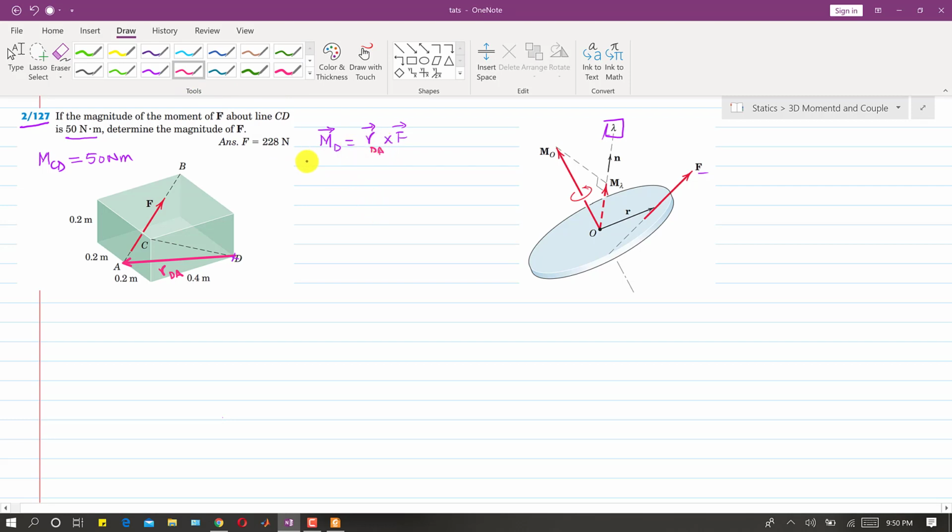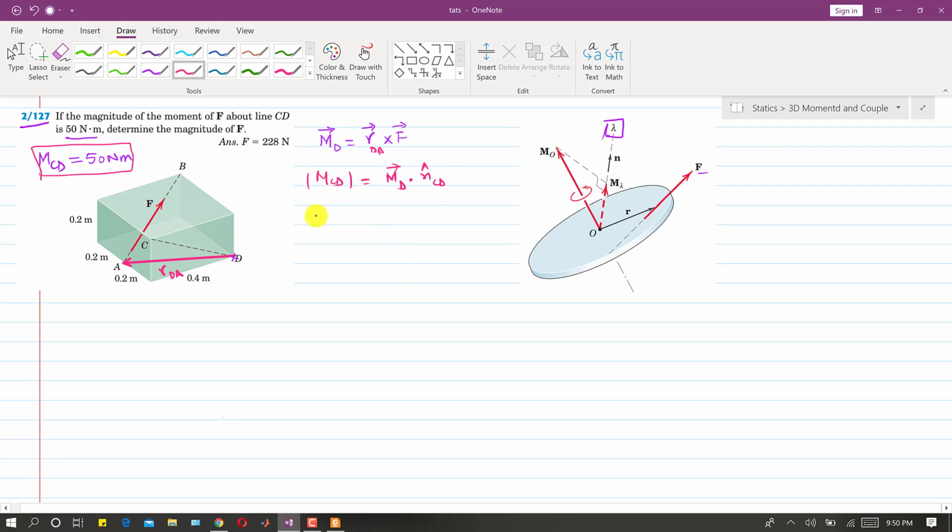So in this problem, first we will find this RDA vector, then we will find this F vector, and we will be able to find this MD vector. And as we are given the magnitude of this MCD, according to the previous theory, MCD magnitude will be equal to the dot product of MD and the unit vector NCD, right? So this is that CD arbitrary axis.